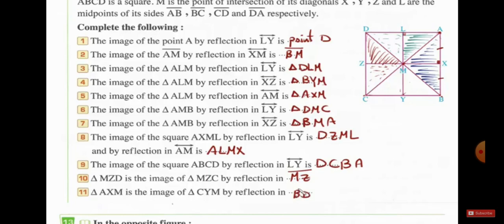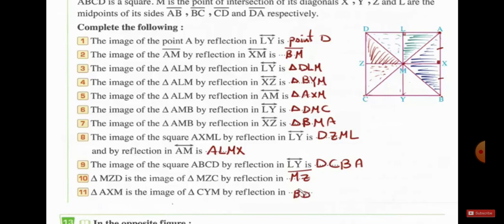Number 3: the image of triangle ALM by reflection in LY is triangle DLM. Number 4: the image of triangle ALM by reflection in XZ, as the x-axis, is triangle PYM.